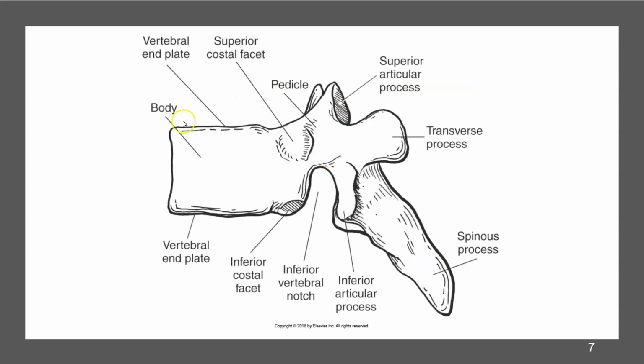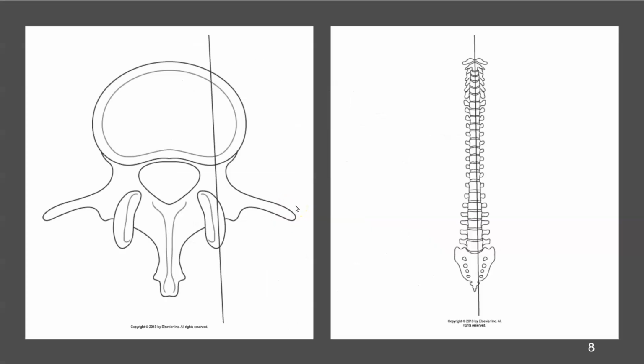Here's a side view. We've got the body, our vertebral end plate, our superior costal facet. We've got our pedicle and our superior articular process, our transverse process, our spinous process, our inferior articular process. This is our inferior vertebral notch and our inferior costal facet.